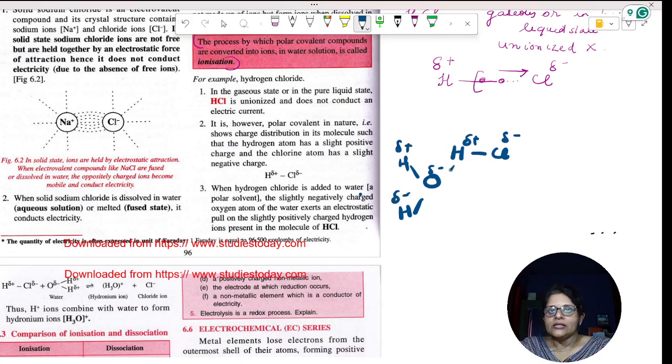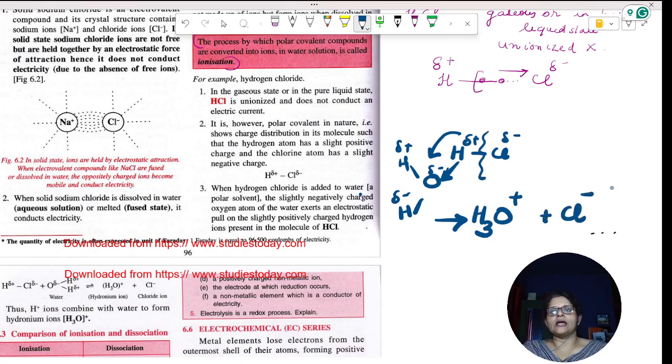And the hydrogen will be attracted. What will happen here is that this hydrogen from HCl gets added and we get a hydronium ion, and this will split into hydronium ion and Cl minus ion. Okay. So it is over here.